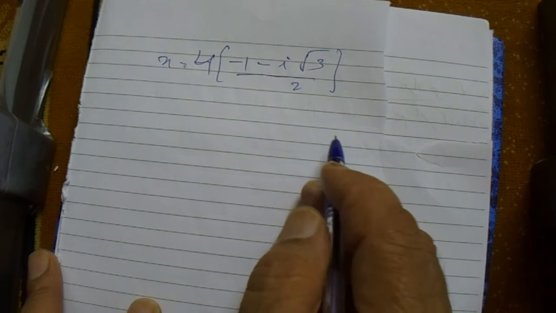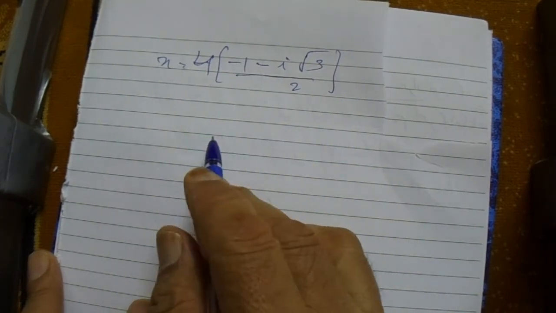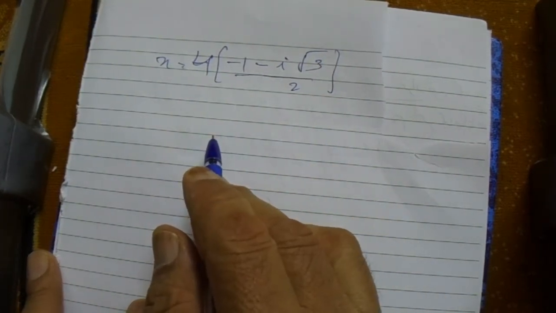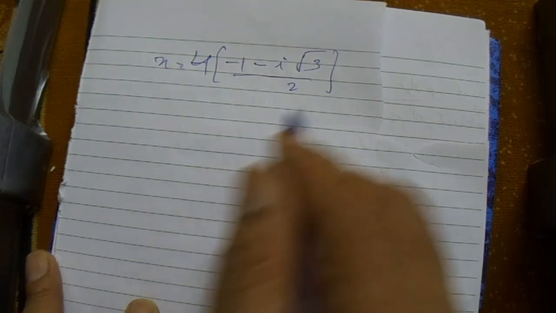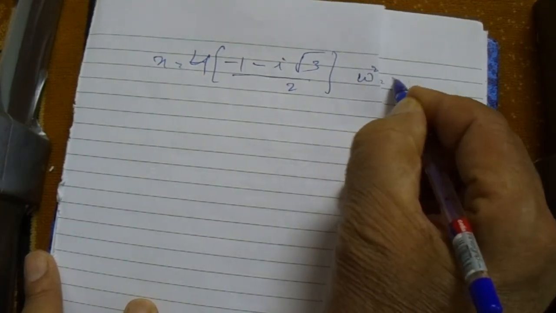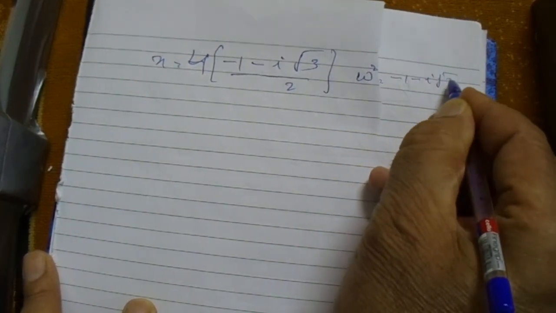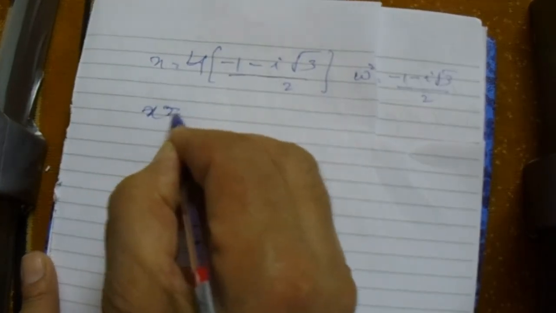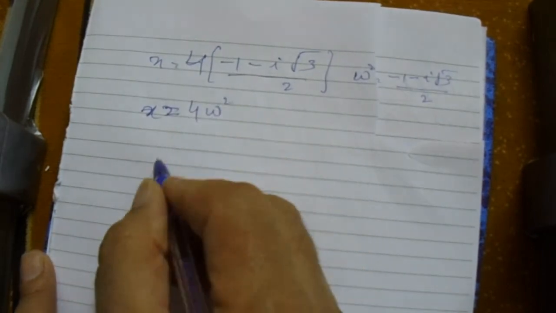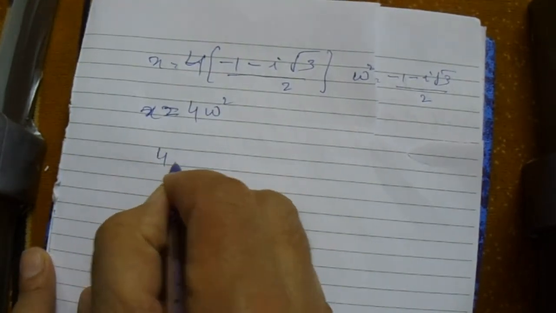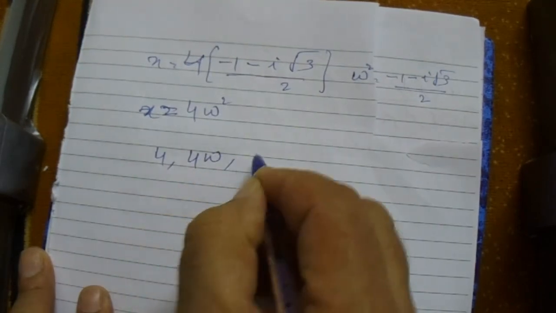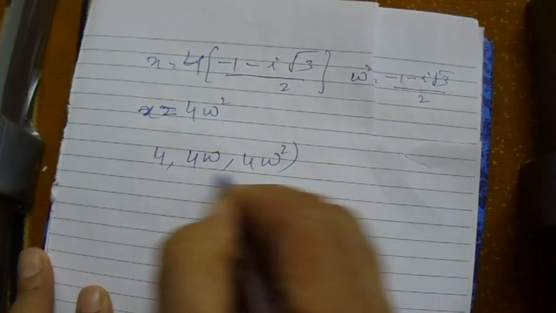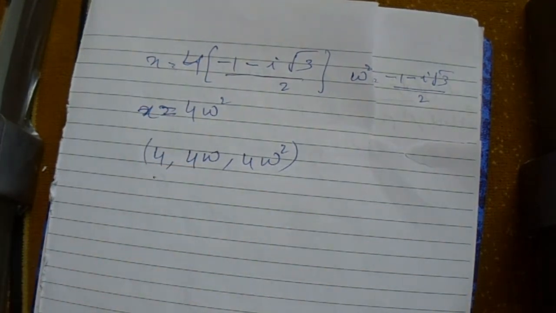We have learned in the exercise before, you see in exercise 2.2, omega square is equal to minus 1 minus iota root 3 over 2. Now we write here x is equal to 4 omega square. Now our roots are 4, 4 omega, and 4 omega square. Now these are the roots of this question, this part, and the next remaining two parts you will do yourself.